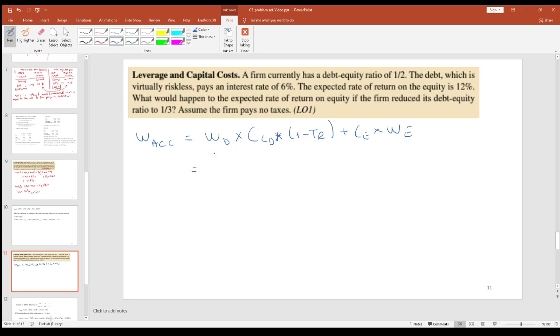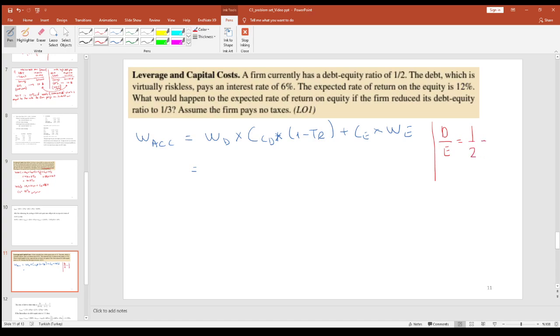So what is weight of debt in this situation? If you have debt to equity, this debt to equity is equal to 1/2.